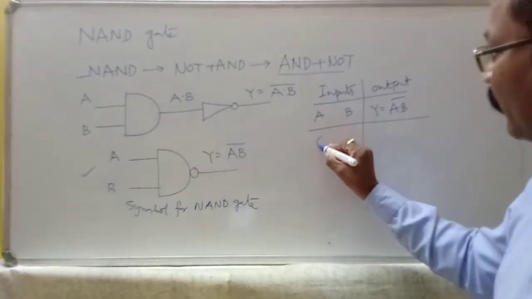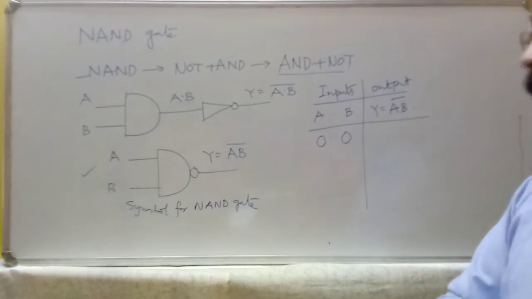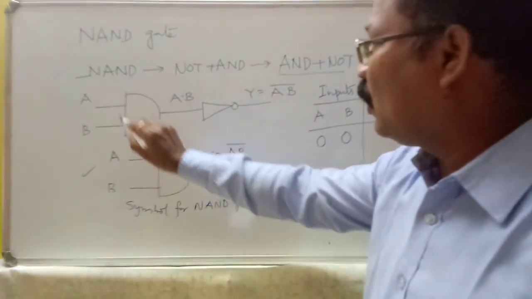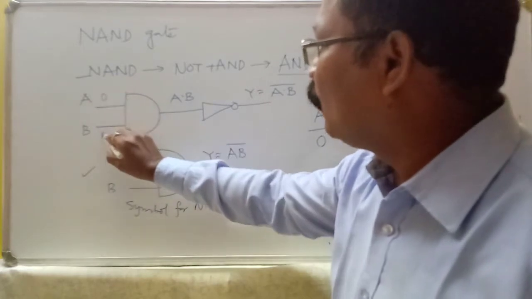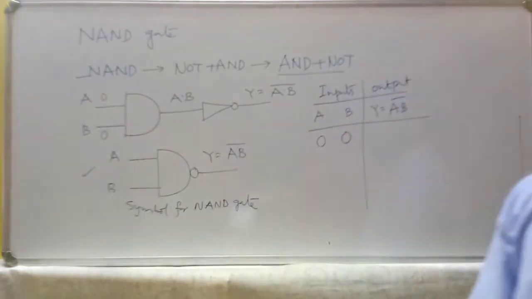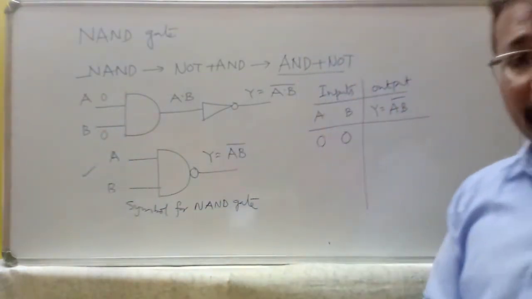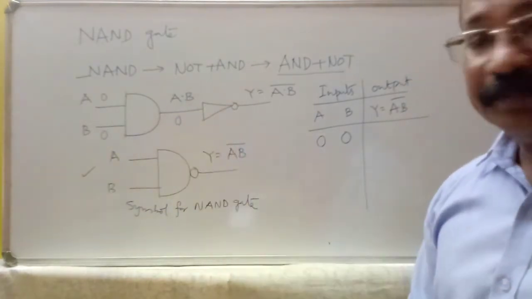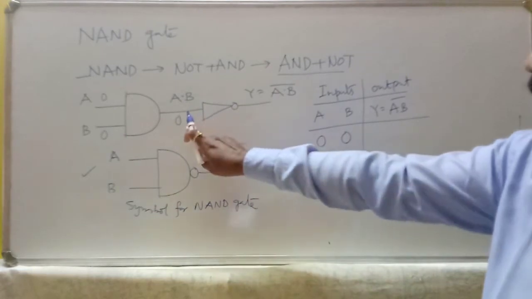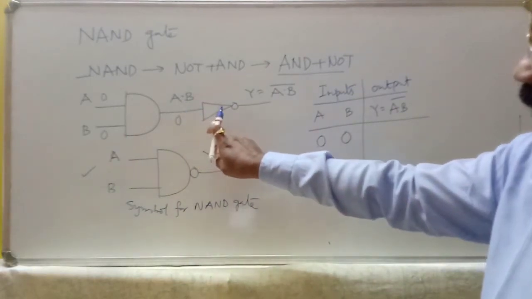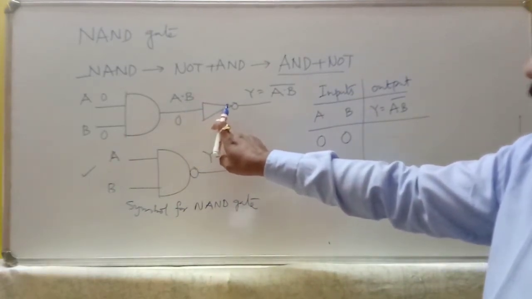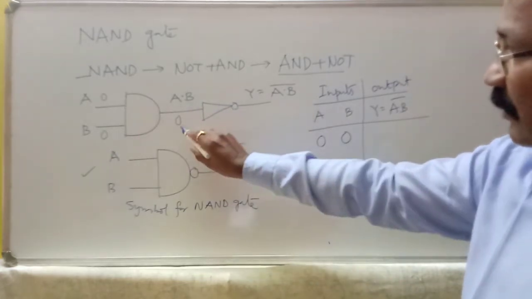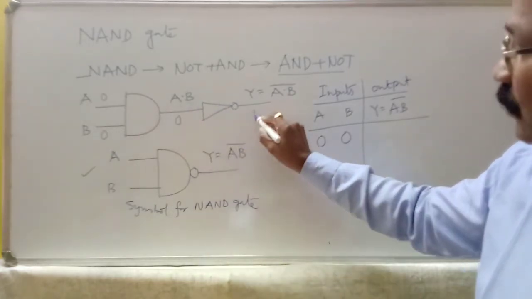Now we are taking the two inputs A, B, both are 0 and 0. Then what happens? A into B becomes 0. Here this 0 is connected to this NOT gate. The input is 0 and the output is 1.